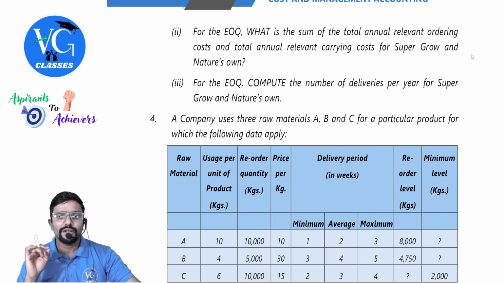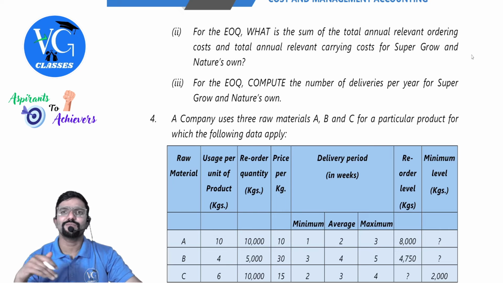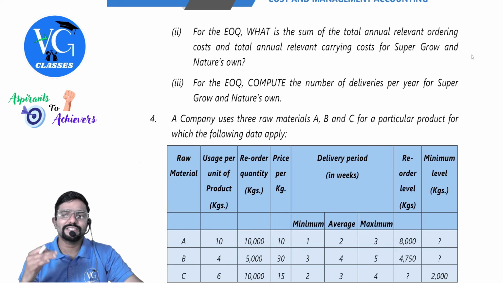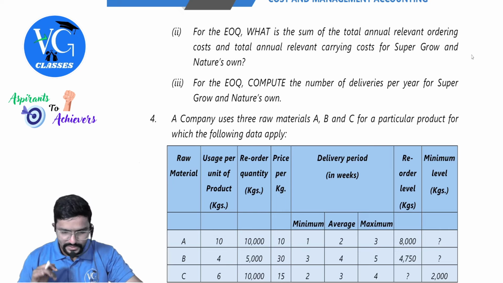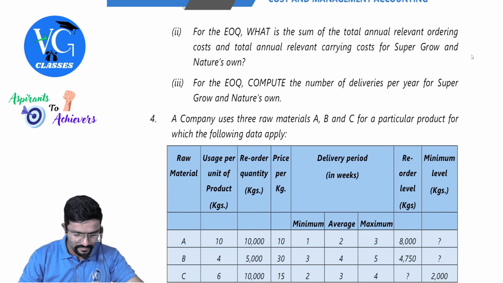Last one: for the EOQ, compute the number of deliveries per year for Super Grow and Nature's Own. Number of deliveries is nothing but the number of orders, because what I order will be delivered to me. So whatever is the number of orders is called the number of deliveries, guys. We'll go and see the solution.